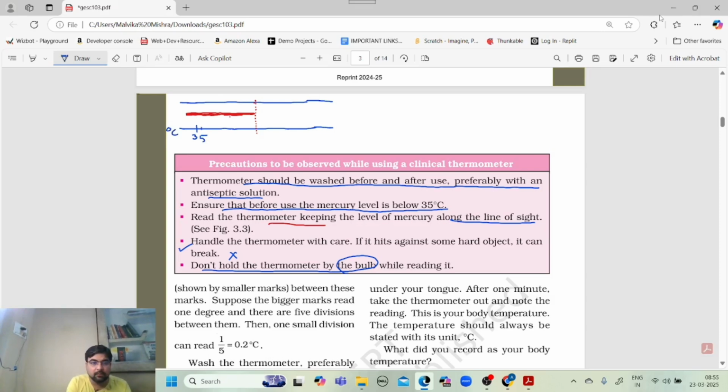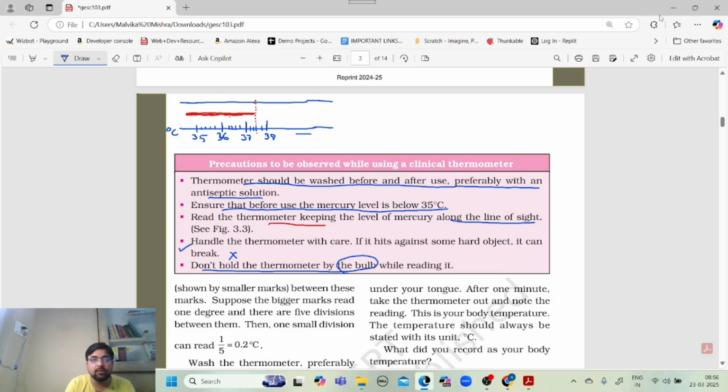This was 35, then 1, 2, 3, 4, then this was 36, then 1, 2, 3, 4, and this was 37, 1, 2, 3, 4, 38, and so on. Now, I just want you to read this thermometer perfectly. How will you read it?